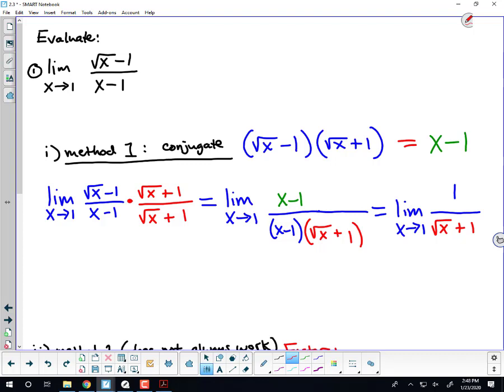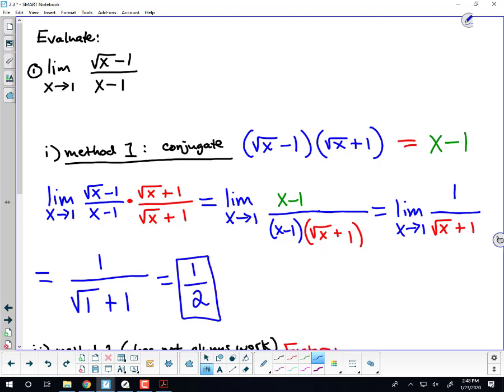So as x approaches 1, are there any issues? No, we got rid of the issue. So we're just going to plug 1 directly in for x, to get 1/2.